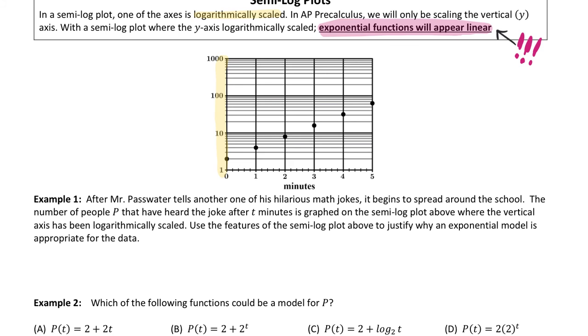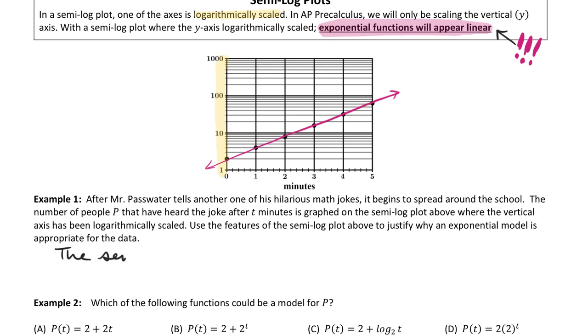Do you notice that on this graph here, this data appears linear? Great. Our spidey senses should be going off because on a semi-log plot, if something shows up linear, that means in all actuality, it is an exponential function. If we were to graph this on a regular Cartesian plane, it would show a curve like we're used to seeing for exponential data. So our argument here would say something like this.